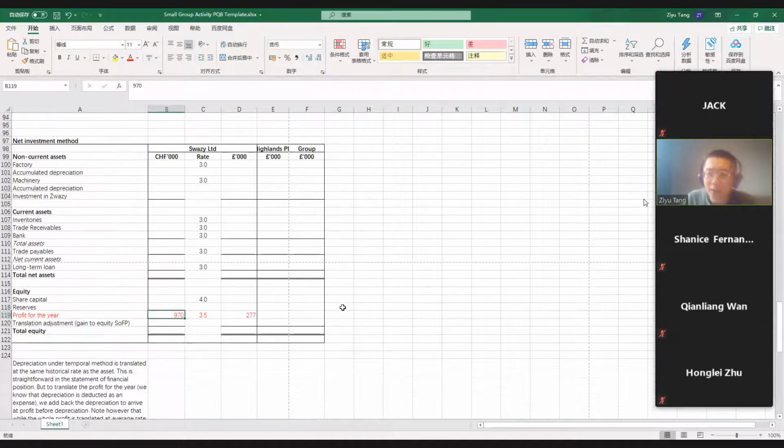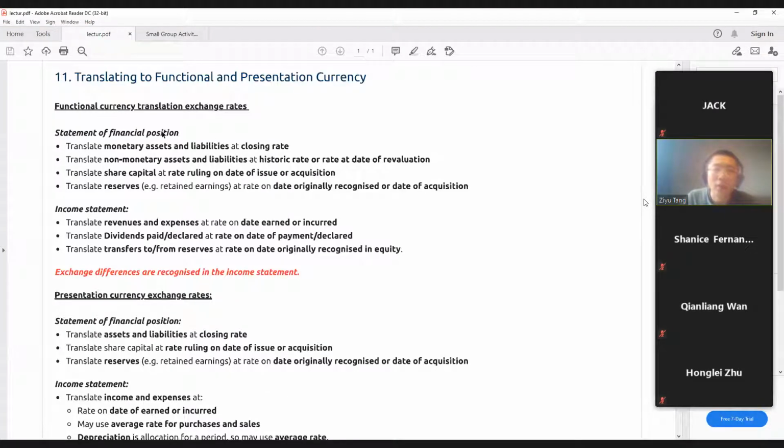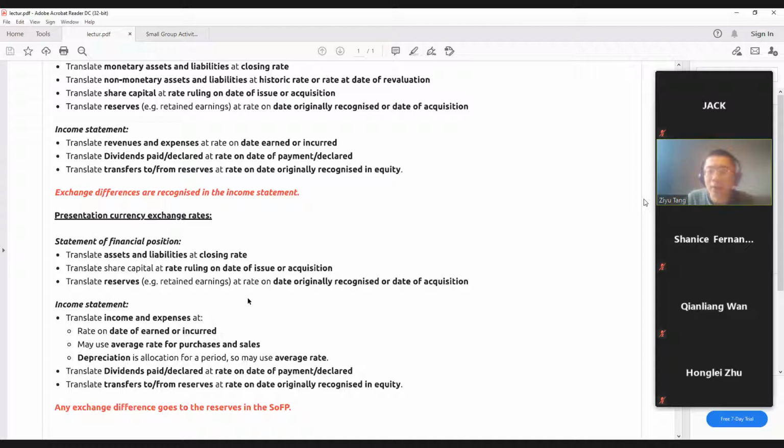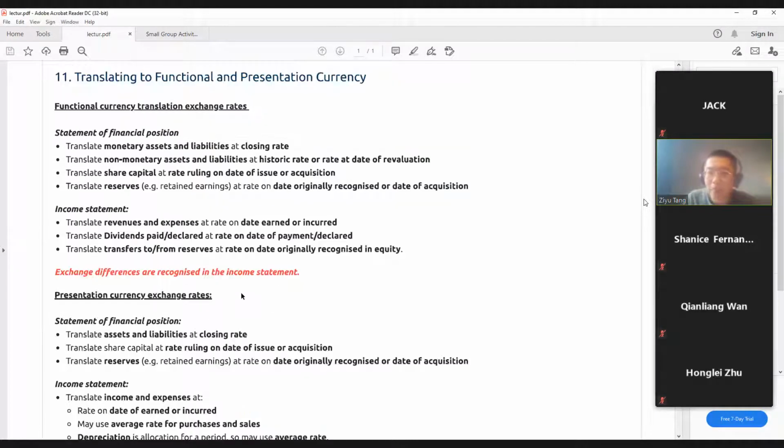Personally, my interpretation is that when you calculate the profit for the year in the net investment method, it is also by some specific rule. Like if we say the first is the temporal method, and the second is the net investment method, right?